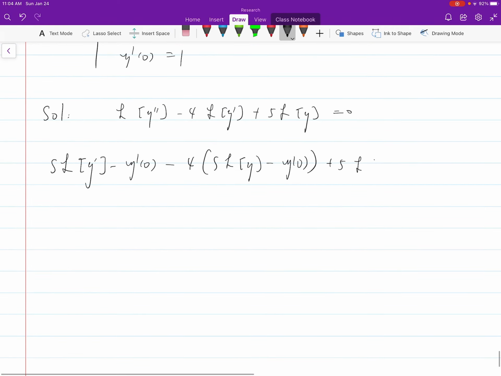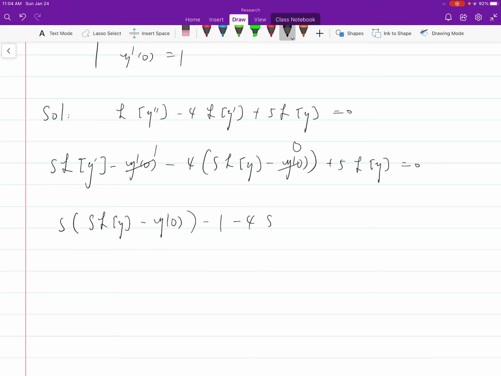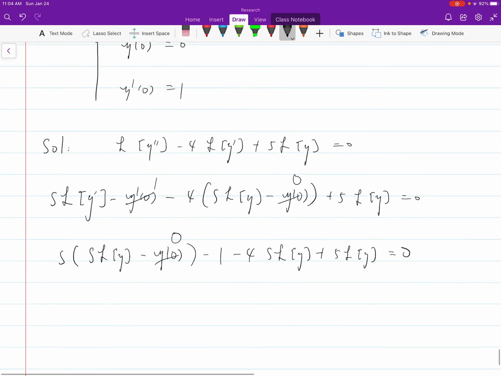Now plus 5Ly equals 0. So we have Ly minus y0. y prime is 1, so minus 1. This is 0, so minus 4sLy. This is 0.